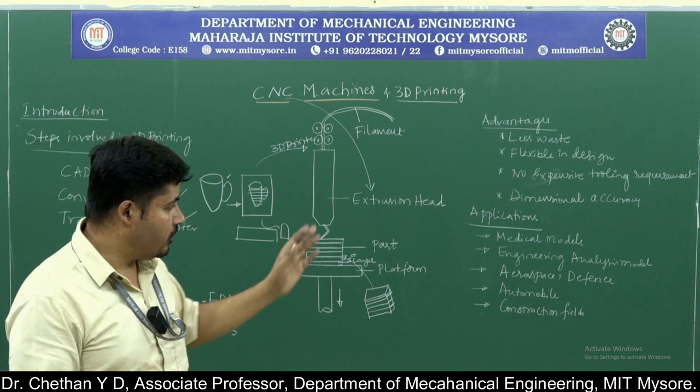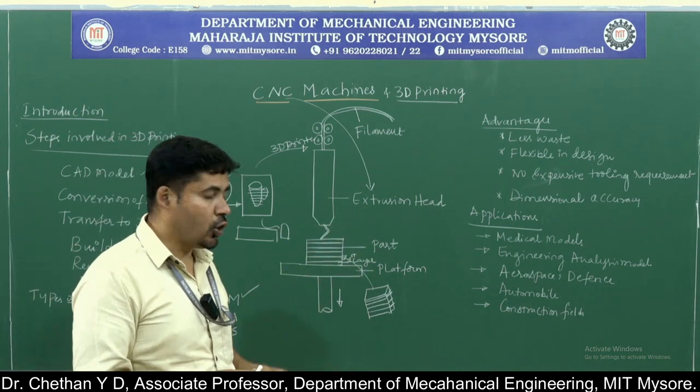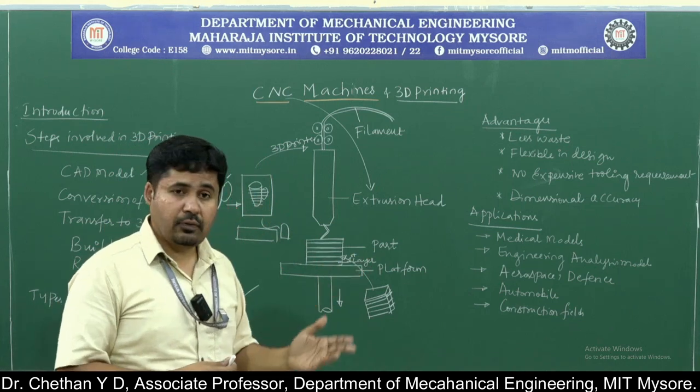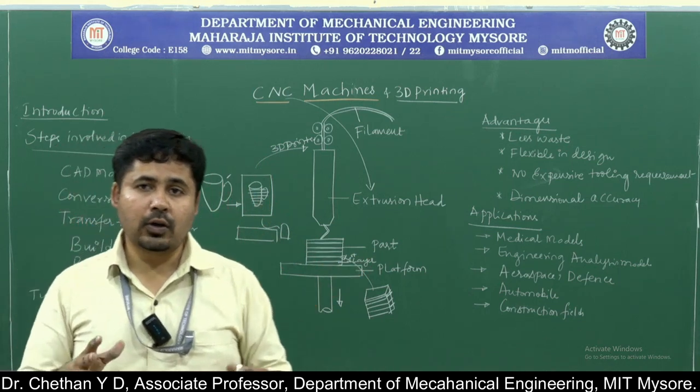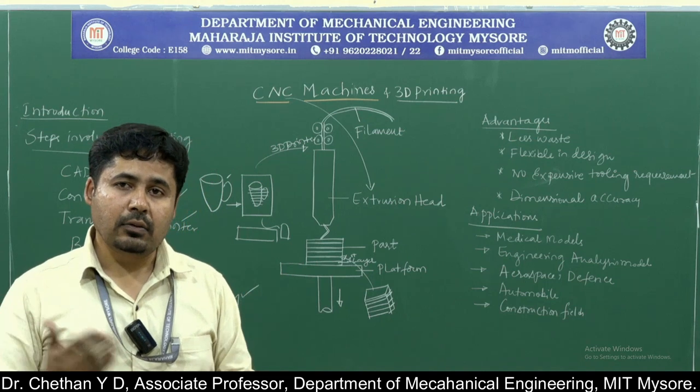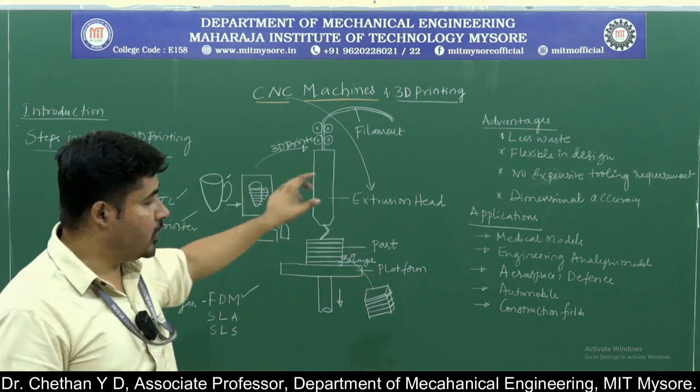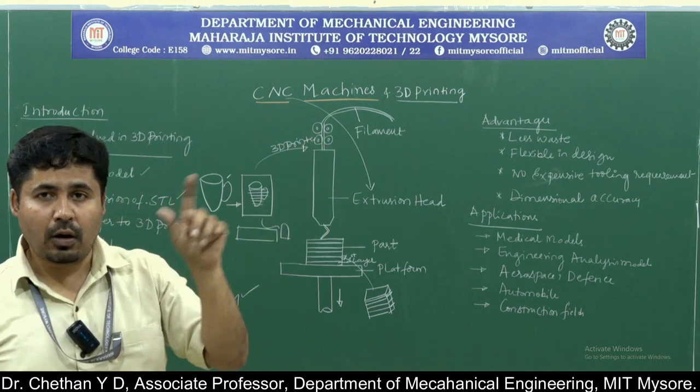Okay, then the next one is, it could be applied in the manufacturing of different components of aerospace and defense industries. Then obviously in the automobile industry, they are using the 3D printers. Then the construction field also, now the people are looking into designing 3D concrete printers, where instead of filament, we are feeding the mortar or concrete.